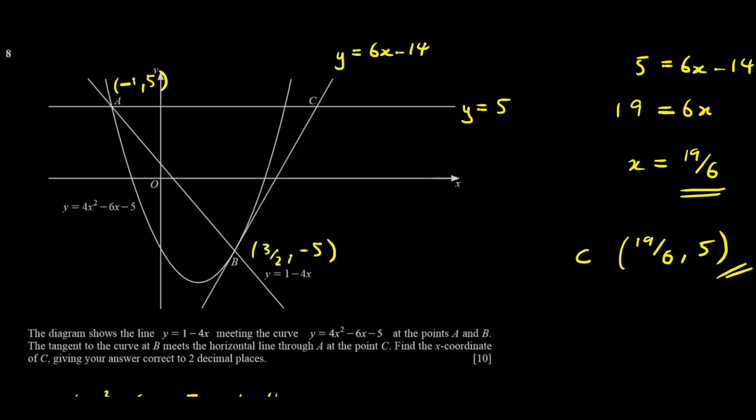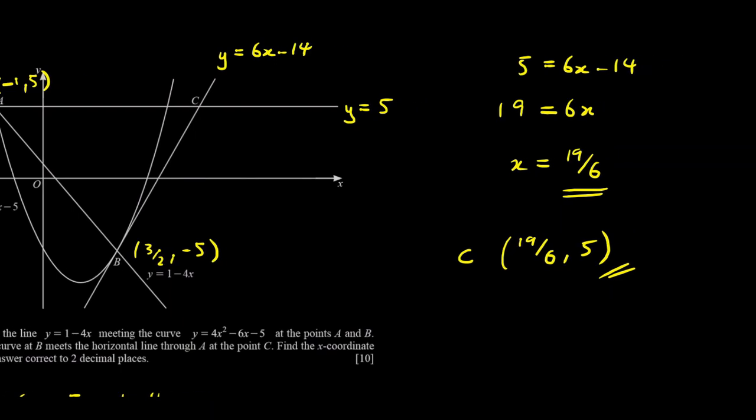So let me just do that. 19 divided by 6 is 3.17. I'll just write that, the x coordinate of C is equal to 3.17, which is what the question asks.